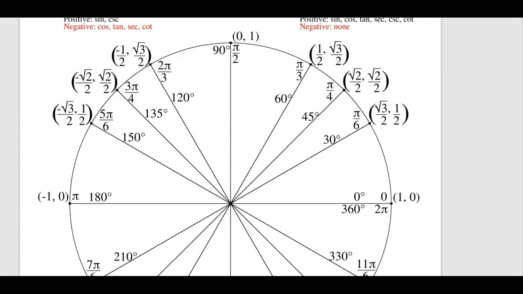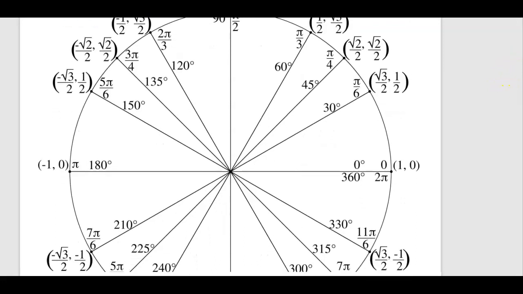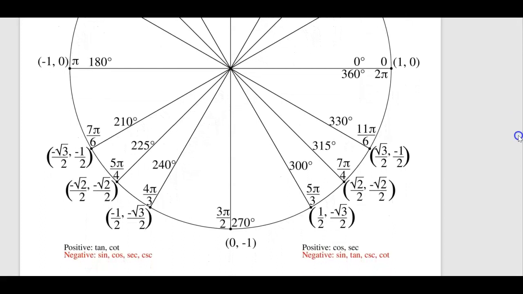And make sure you're focusing on not only the value, but which coordinate is positive and which one is negative, because if you get those mixed up, that's going to throw off your answers when you're trying to work problems using this unit circle. So you can pause the video as you check the upper half of your unit circle. And then I'll move it down so you can check the lower half of your unit circle, and just pause the video if you need to.